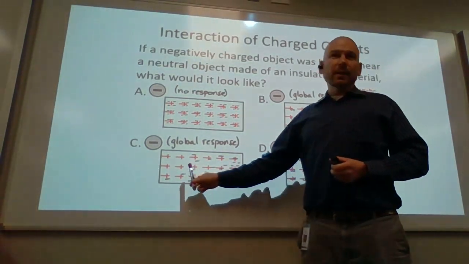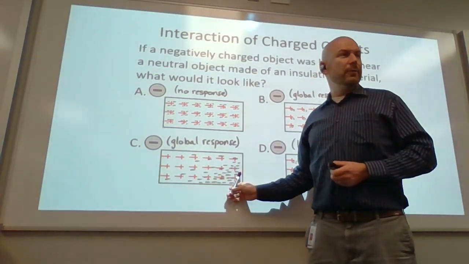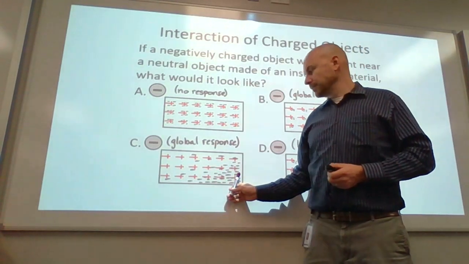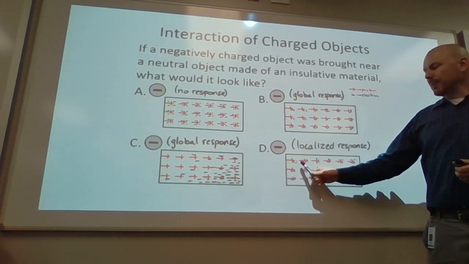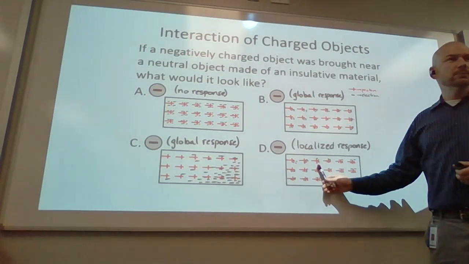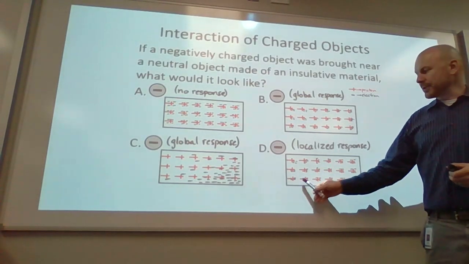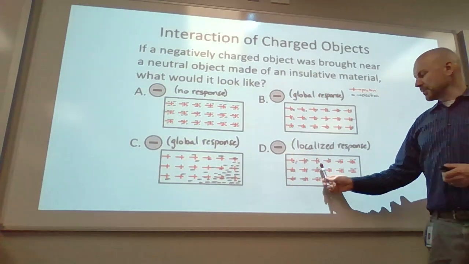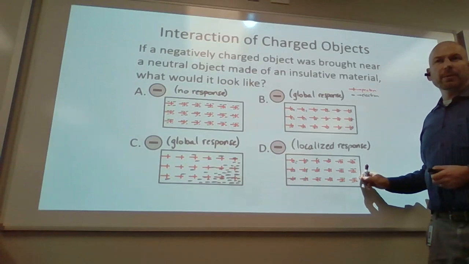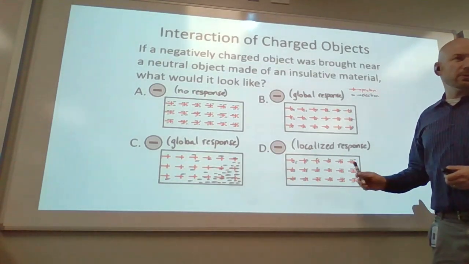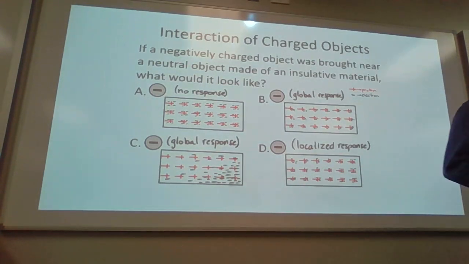Choice C, the electrons run to the far side of the slab of plastic. D, they run to the far side of the molecule, but that only happens near the negatively charged object. As you go on the other side of the slab of plastic, these molecules are not affected. It's more of a localized response.